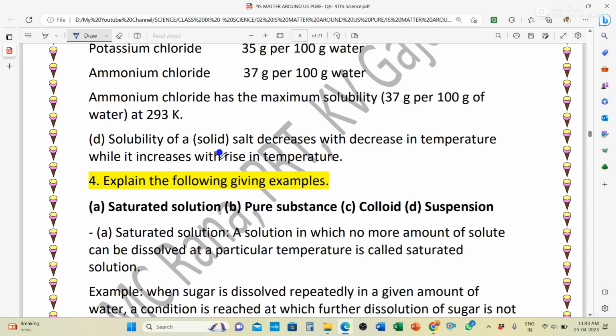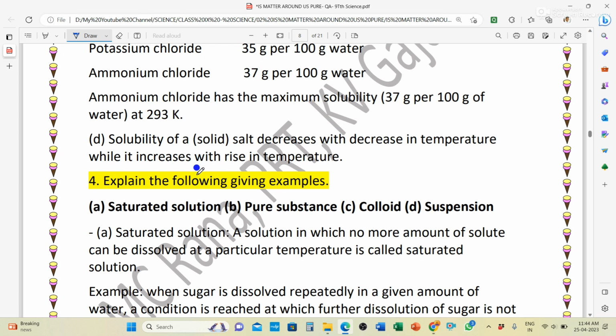In the PPT discussion, we have discussed that if a saturated solution is heated, then it will become a supersaturated solution. That means it will gain the ability to dissolve more solute. That is called a supersaturated solution. So if you increase the temperature, then the solubility will also increase. If you decrease the temperature, then solubility also will decrease.